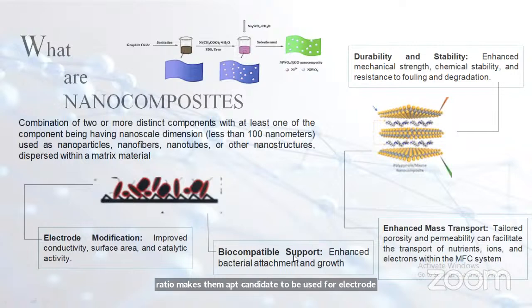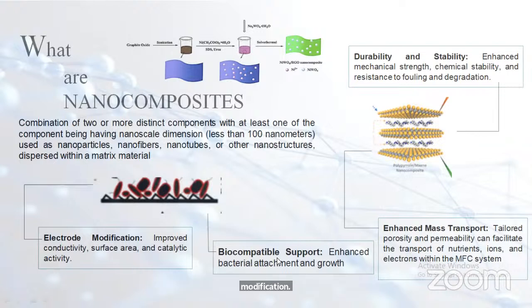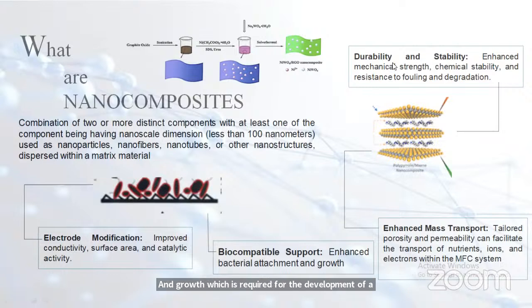Then biocompatibility support is also achieved by use of certain modified nanomaterials, which is important for enhanced bacterial attachment and growth, required for the development of a biofilm over the anodic surface. Then durability and stability, which includes enhanced mechanical strength, enhanced chemical stability, and increased resistance to fouling and degradation, is also a desirable property.